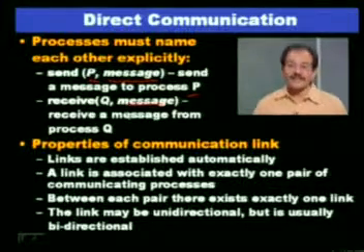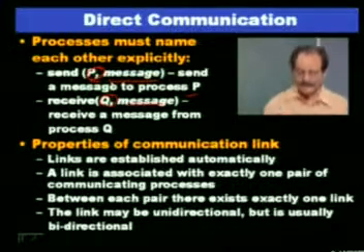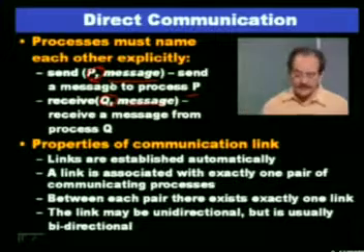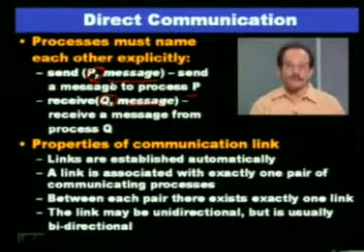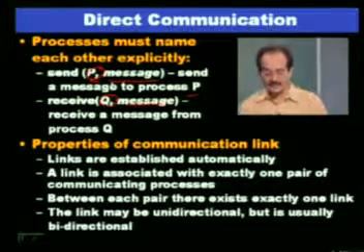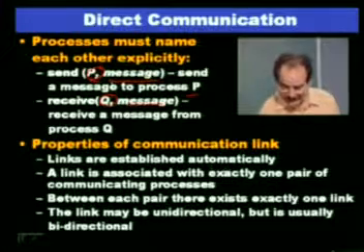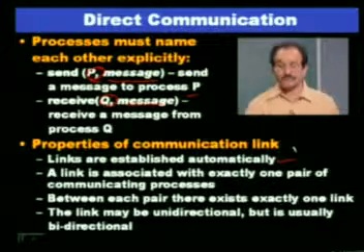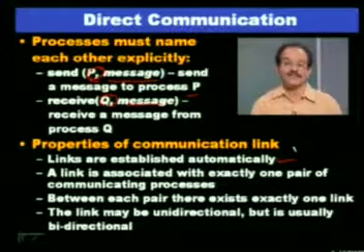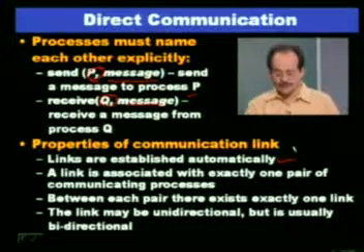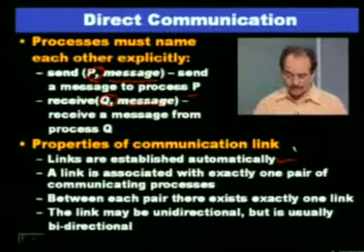How does it make it direct? I am just referring to a process P and a process Q between which this sort of link is established. Now, in case it is direct communication, going back to our previous questions, the links are established automatically. In direct communication, the link has to be established first automatically, and only then can the communication take place.